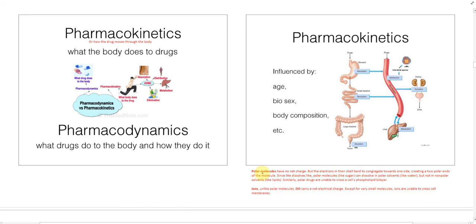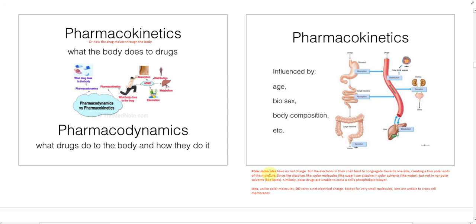We have different types of molecules or drugs broken down in the body. We can have polar molecules and ions, and there are also non-polar medications. There's just a couple that were from the book. Both of these are going to have a difficult time crossing plasma membranes.